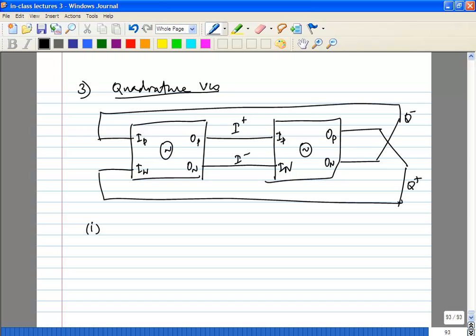So there are many ways of doing this quadrature coupling. So one way is to do this. Okay, let me go to the next page.